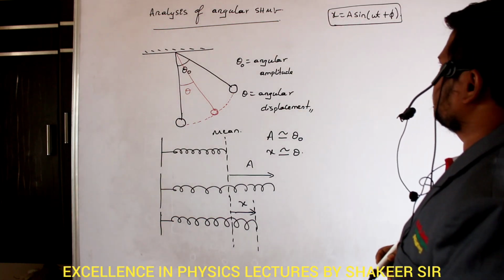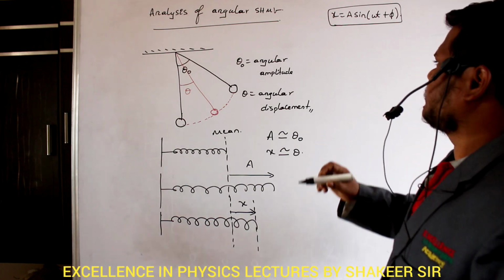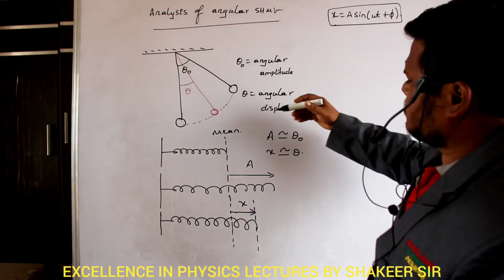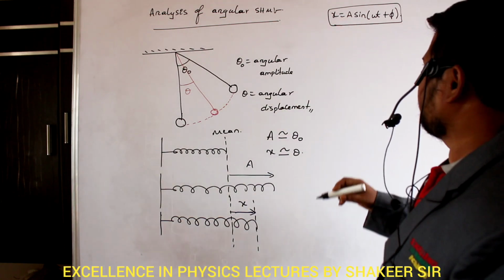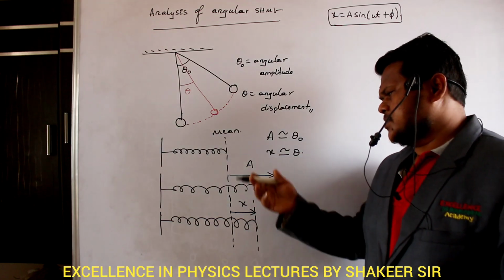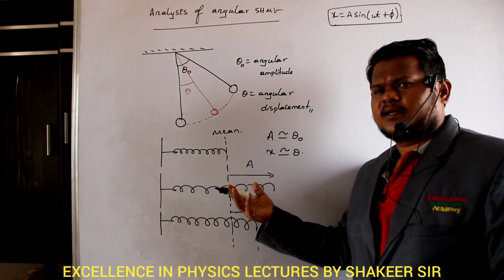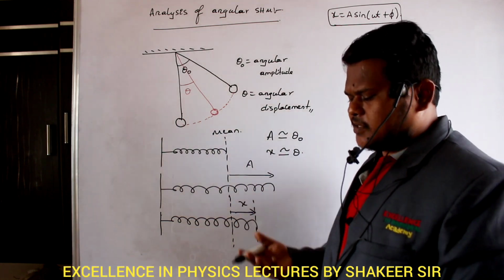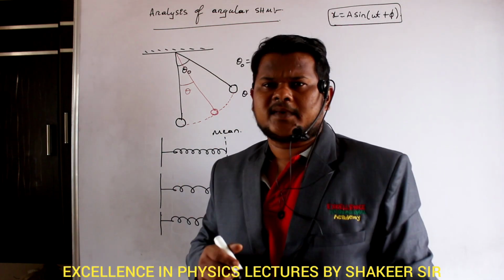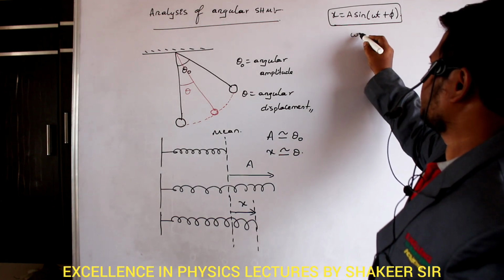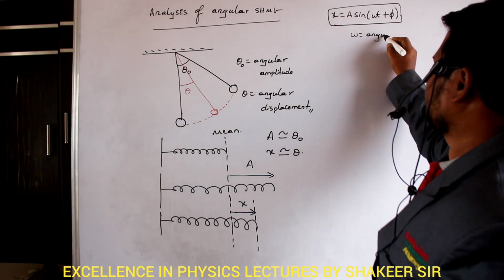Here x is the position of the particle from the mean position, A is the maximum amplitude of the particle from the mean position, and omega is the angular frequency with which this spring is oscillating. It means how many 360 degrees it is completing in 1 second, that is called angular frequency.